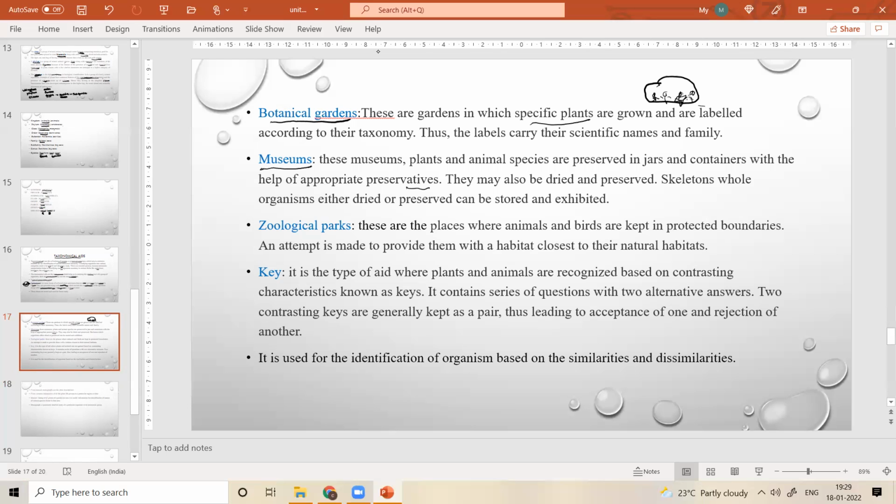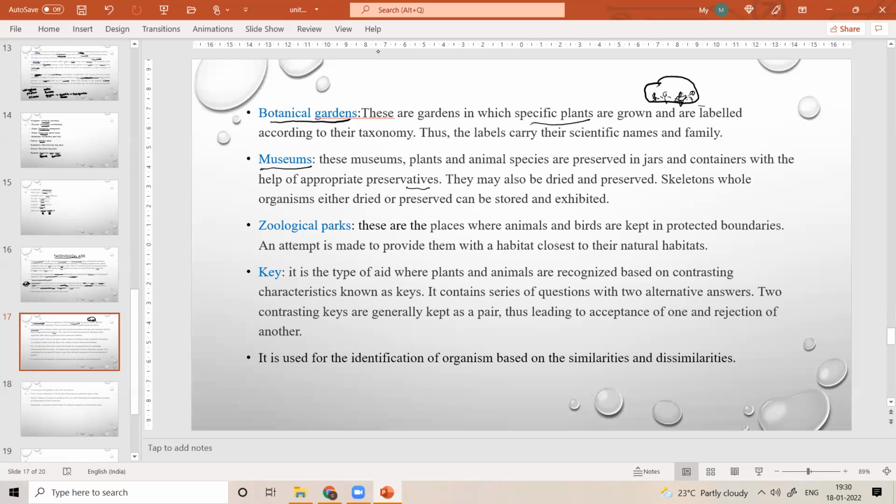Small organisms, starfishes, maybe marine organisms are generally preserved using some chemicals, for example formaldehyde or some other chemicals used to preserve specimens. That means the dead animals are preserved in jars and containers so that we can directly understand them. The morphological features can be directly watched and understood.